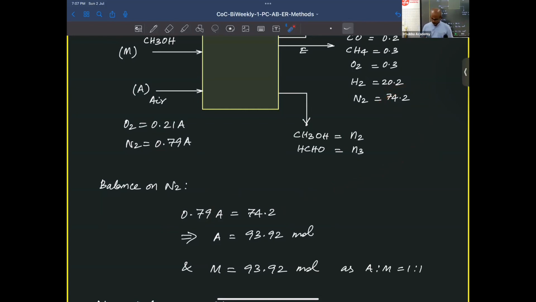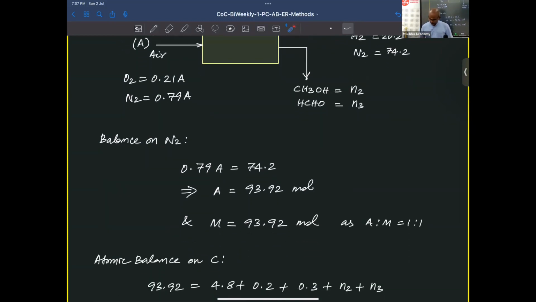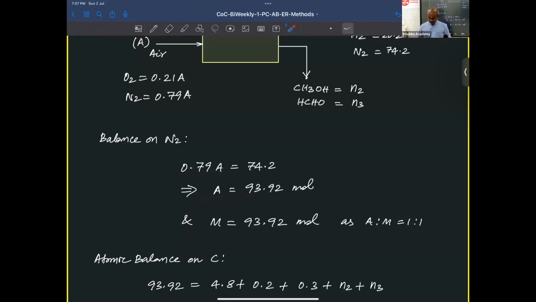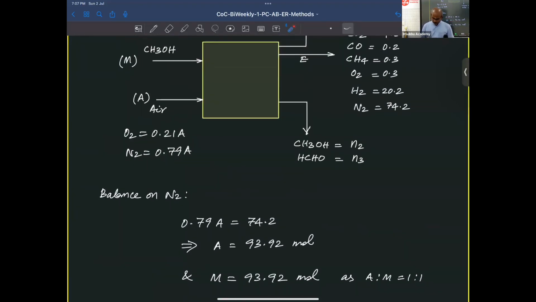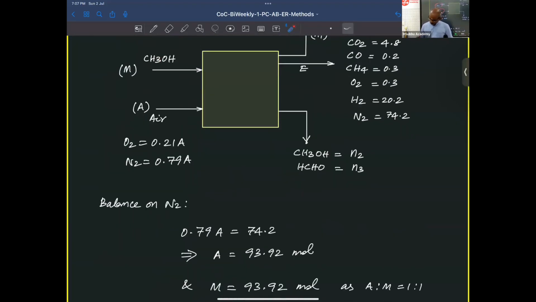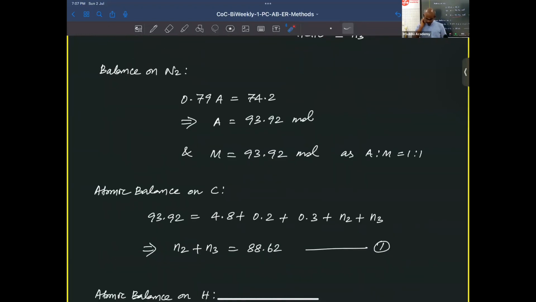Of course, 2 will get cancelled. So it is immaterial whether you write balance on N2 or balance on N. It doesn't matter. Okay, now from this balance, we have this amount of A. And once A is available, M is also known. So now A and M are available. That is the first balance we have made.